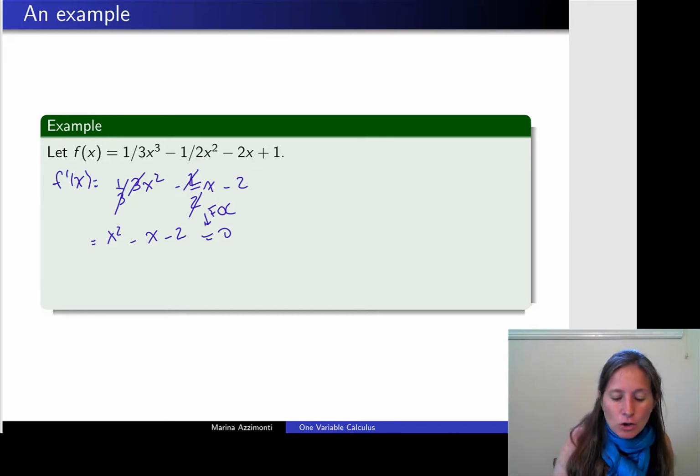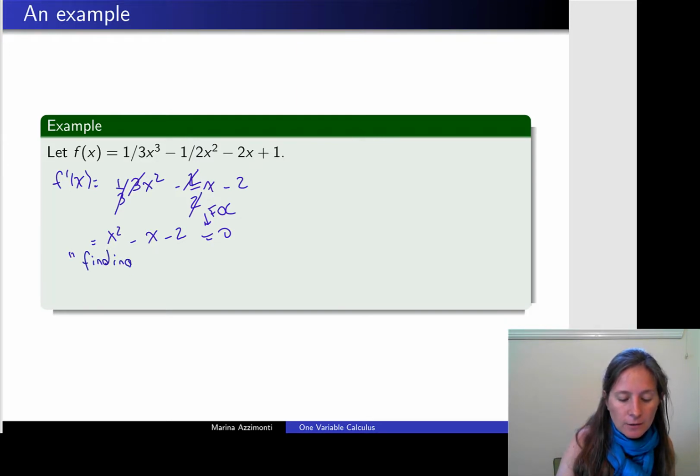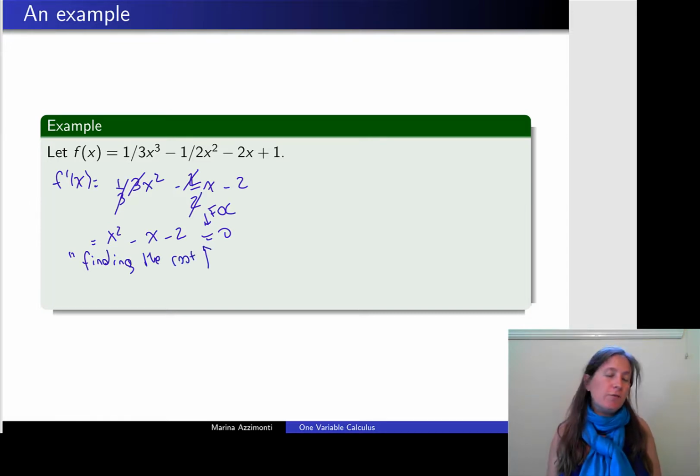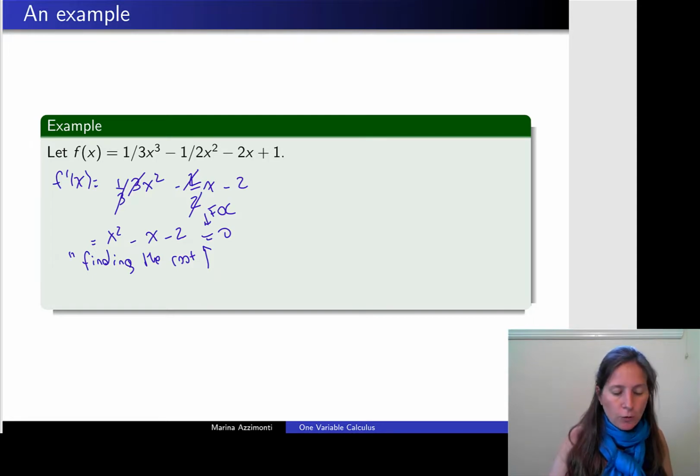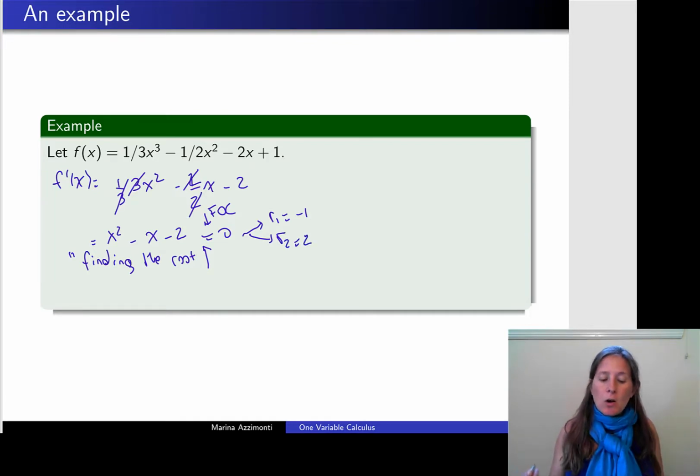So basically, solving for the critical points here is equivalent to finding the roots of the function above. Now, if you apply the formula, you're going to find that there are 2 possible roots. Either x star is minus 1, and that's the first root, or x star is 2, and that's the second root. Now, how do we know whether these are maxima or minima?